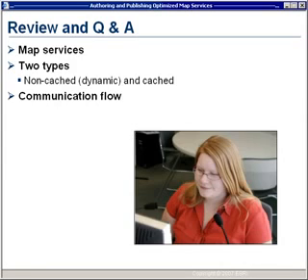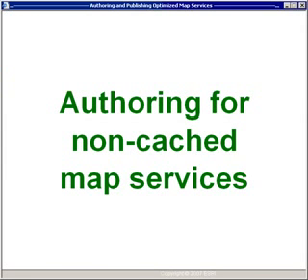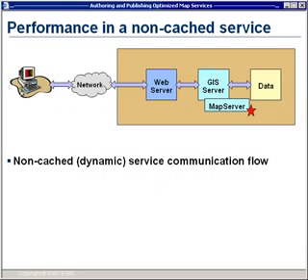Well, this section that we're moving into now is going to be about authoring map documents for a non-cached or dynamic service. Let's remember that communication flow we learned about in the previous section. The client initiates a request. That request is passed to the web server and then on to the GIS server to be processed.